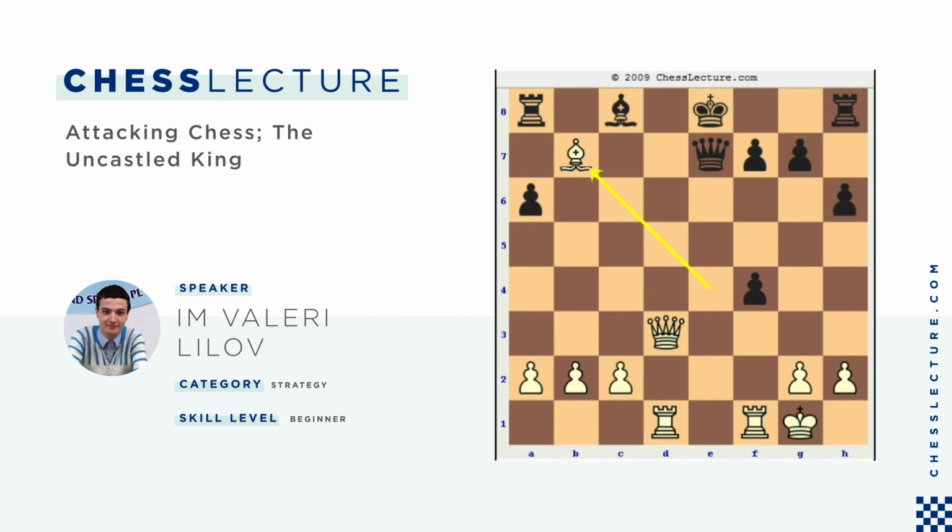against black's king. As a résumé, what I can say is that basically it's very important to take care of our king and hide it as fast as we can.